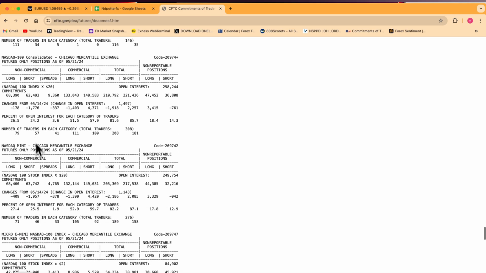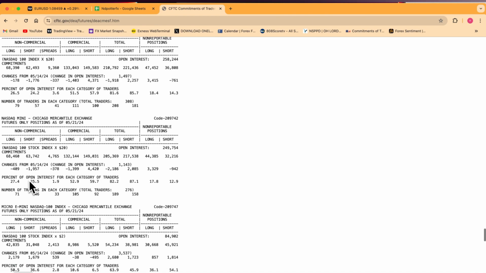This is NAS 100. If you look at NAS 100, it has been going up massively. And if you look here, you see that this past week, they reduced their long a little, they reduced their short massively. So for me, NAS 100 is still bullish. Sorry, guys.